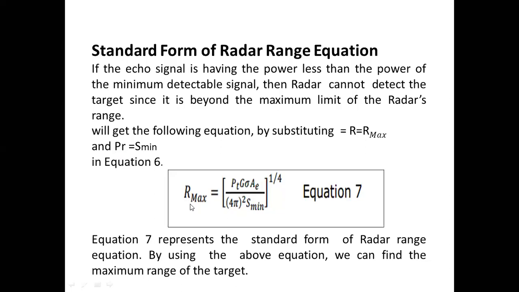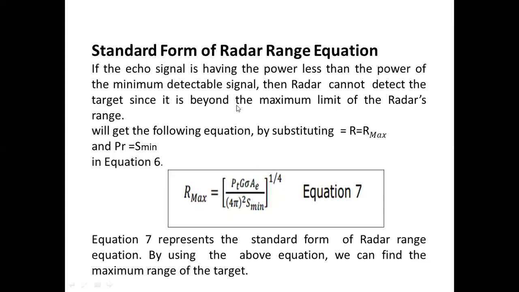Pr equal to... okay. So R maximum equal to (PtG sigma A by 4 pi R square) into S minimum.